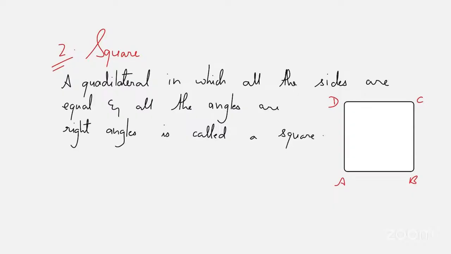The properties are just that. All the sides are equal. Angles are equal, 90 degrees, all right angles.